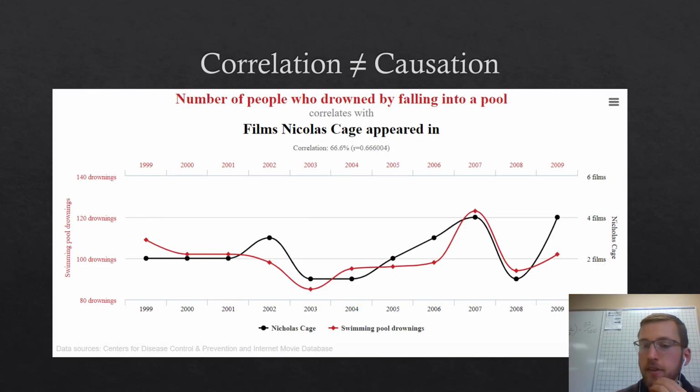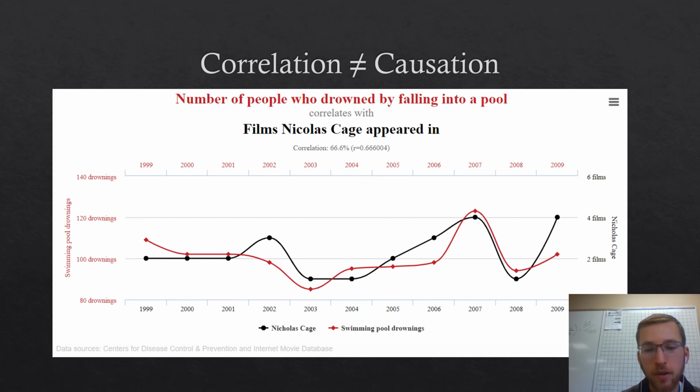This is a slightly different type of two variable graph, but the two variables in question are the number of people who drowned by falling into a swimming pool and how well it correlates with the number of films that Nicolas Cage appears in. We've got a correlation value of 0.66, which is a moderately strong correlation.